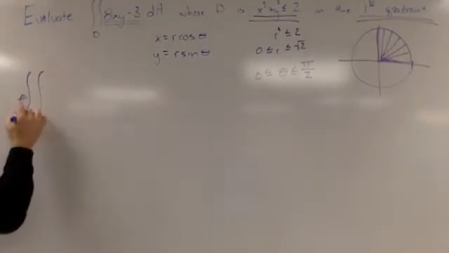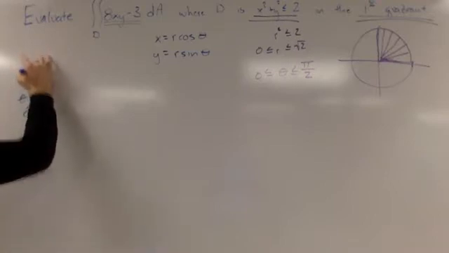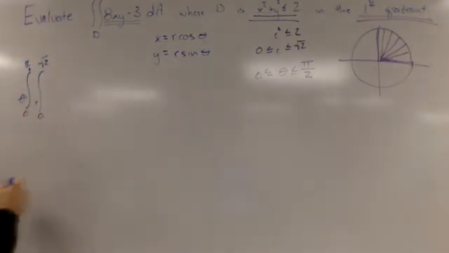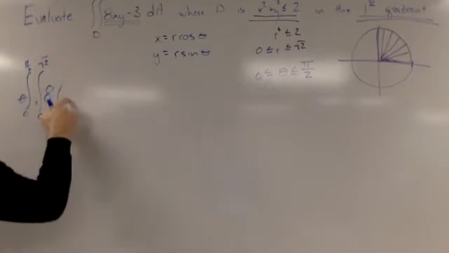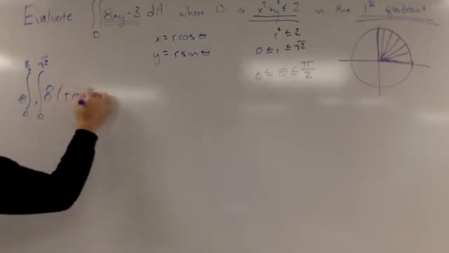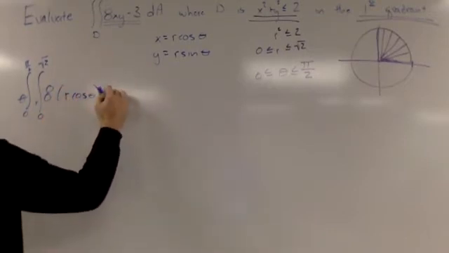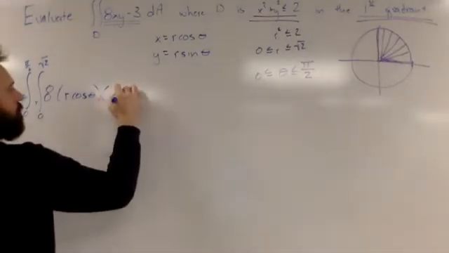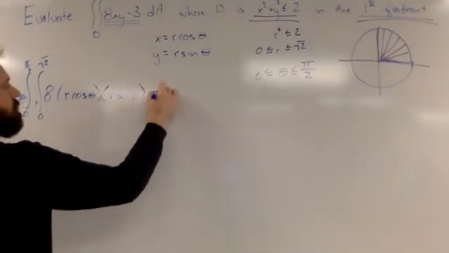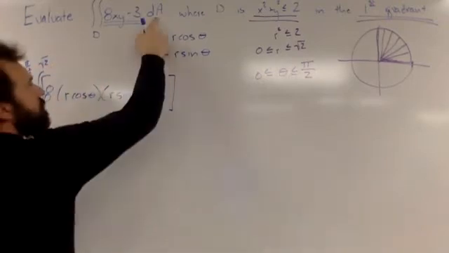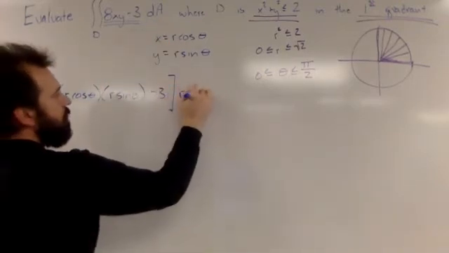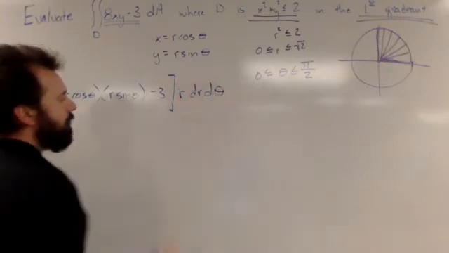My theta goes from 0 to pi over 2, and my radius is going from 0 to square root of 2. I have 8 times my x value, r cosine of theta, times y, which is r sine of theta, minus 3. And now dA turns into r dr d theta.